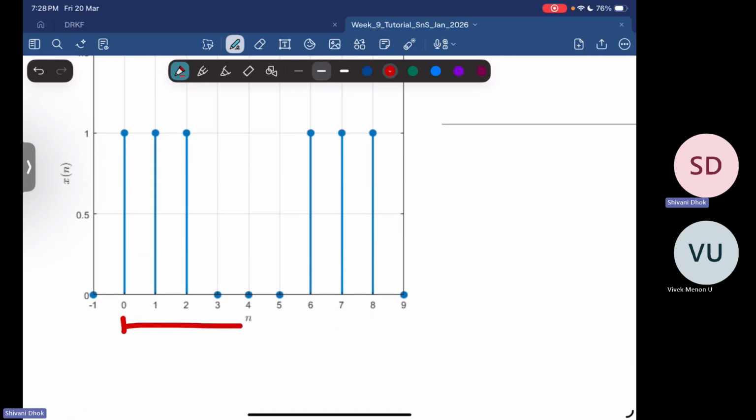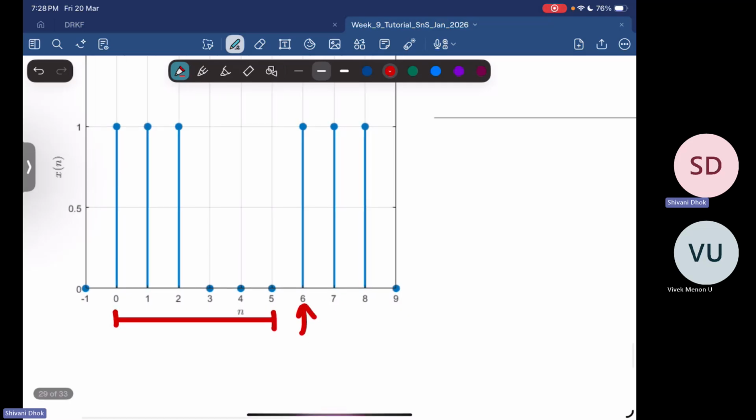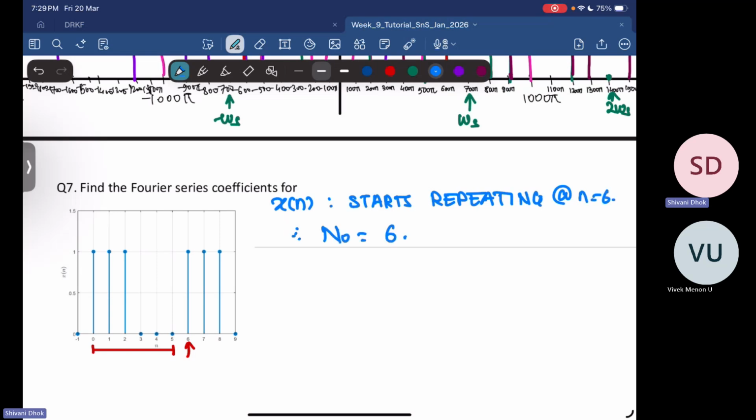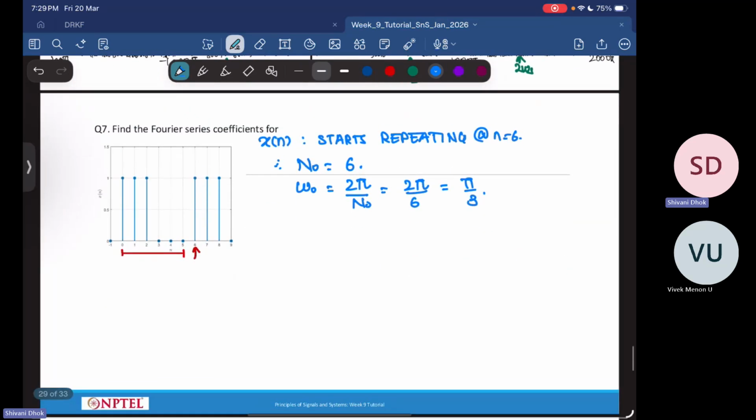Then it goes on till n equal to 5, and it repeats at 6. x of n starts repeating at n equal to 6. So therefore the fundamental period n naught is equal to 6, and therefore your fundamental angular frequency is 2 pi by n naught, which is 2 pi by 6, which is pi by 3.